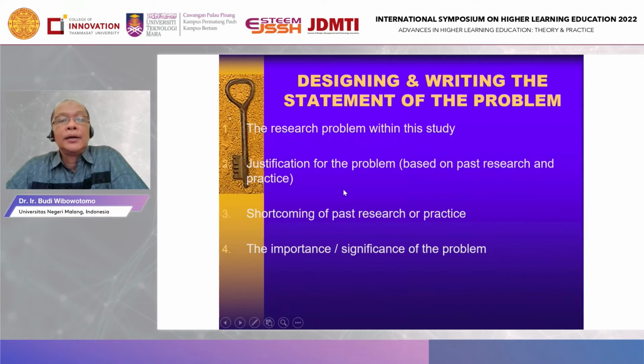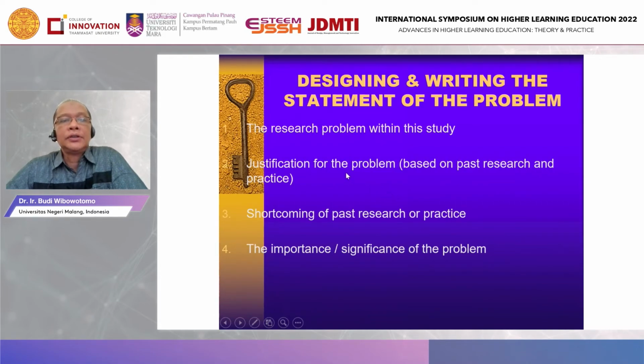And do not forget that we not only want to write down the research problem, but our research problem is really based on the justification after we have read the literature.